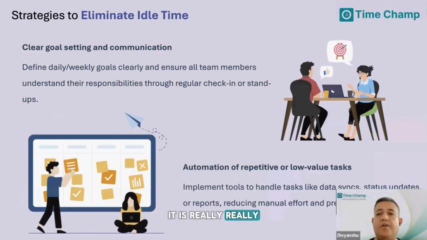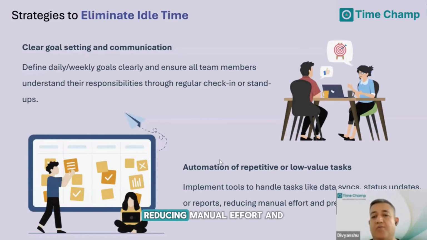It is really important to define daily and weekly goals clearly and ensure all team members understand their responsibilities through regular check-ins or stand-ups. Then automation of repetitive or low-value tasks. Implement tools to handle tasks like data syncs, status updates, or reports, reducing manual effort and preventing idle bottlenecks.